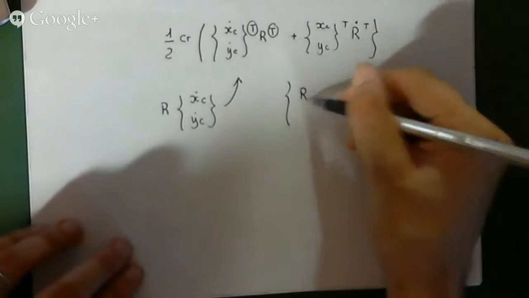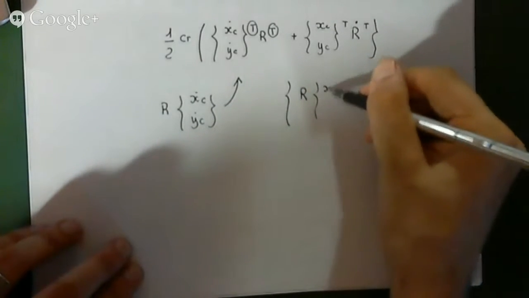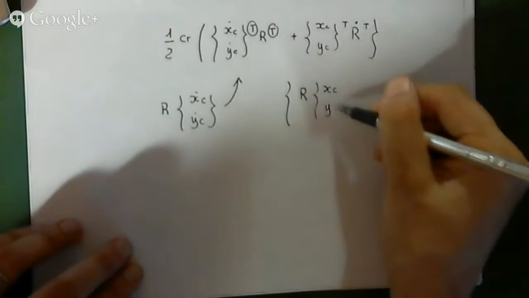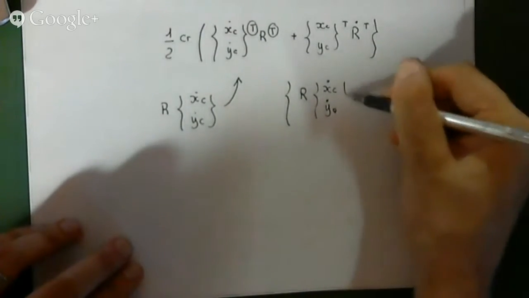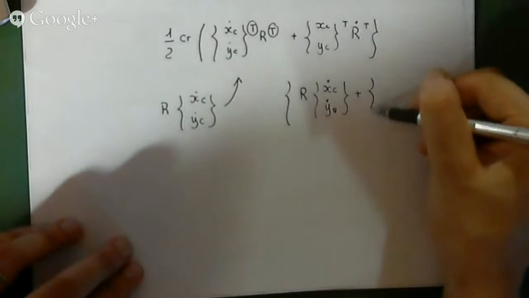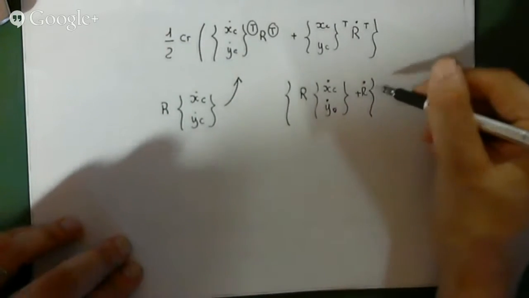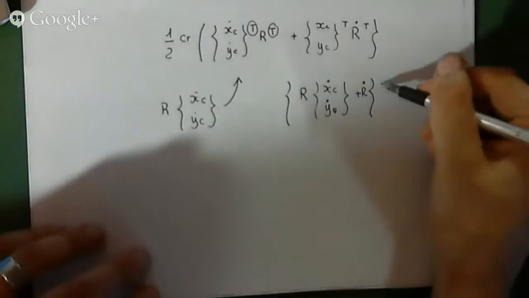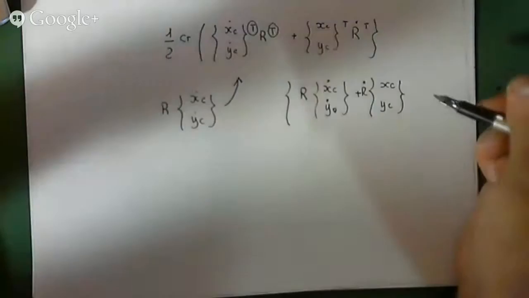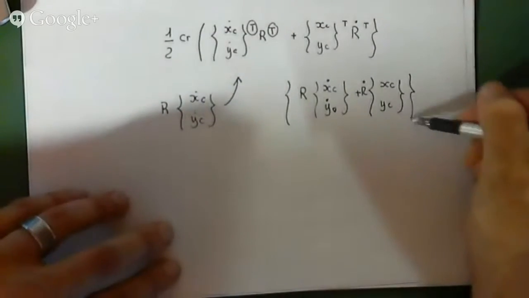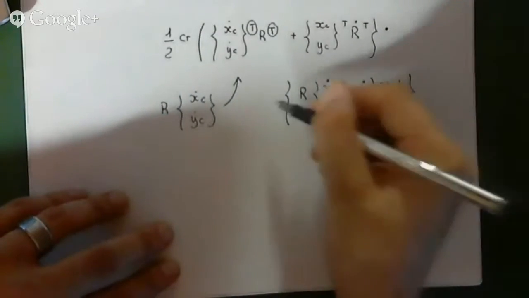So R times x point C, y point C plus R point times xC, yC. This is an inner product.